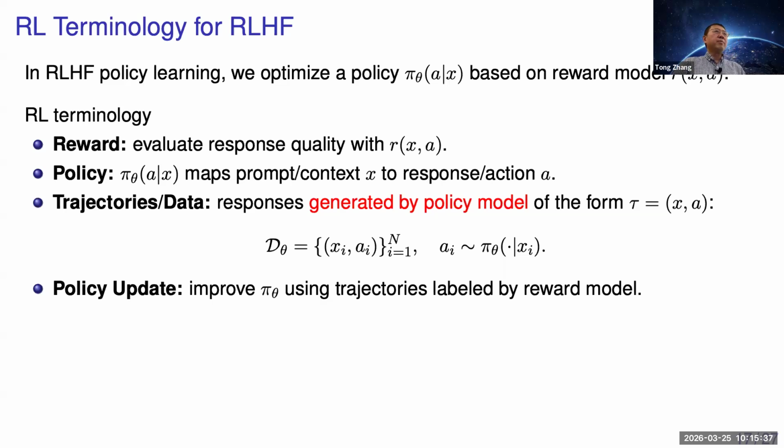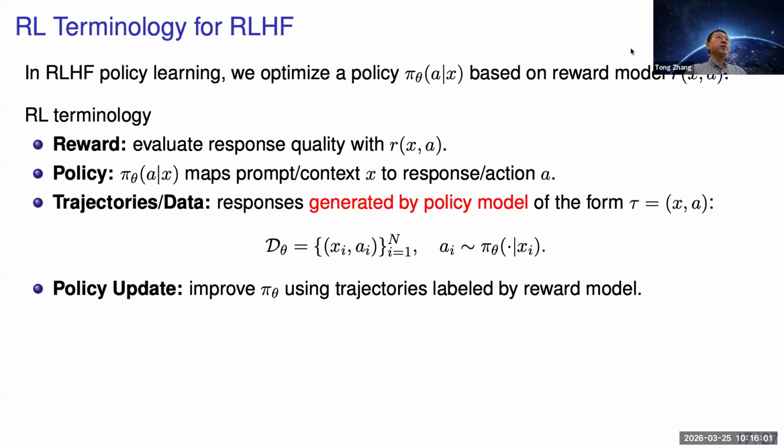But A is your response from your LLM. It's generated by your LLM, not by a human or other things. This is the key difference.